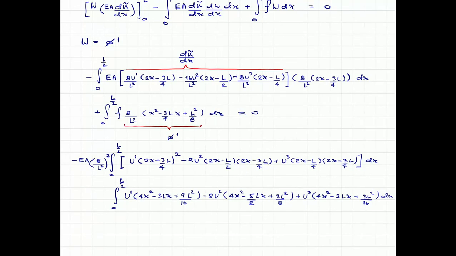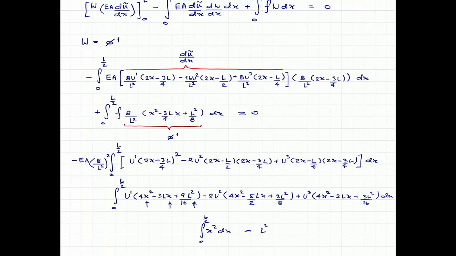Now, how to do things strategically. You have x squared, you have an x term, and then you have just a constant term, right? If you integrate x squared dx from 0 to L over 2, what do you get?